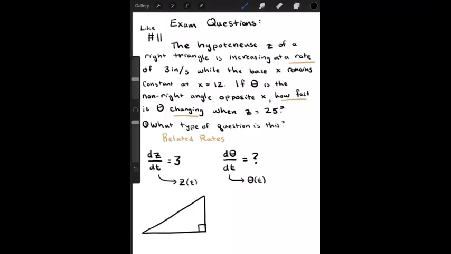The problem names the hypotenuse z, so we might as well put it there. And it names the base x, so we can put this there. Now we just have to figure out what theta is. I think that's the last variable that we have here. And so it says theta is the non-right angle, so it's definitely not this one.